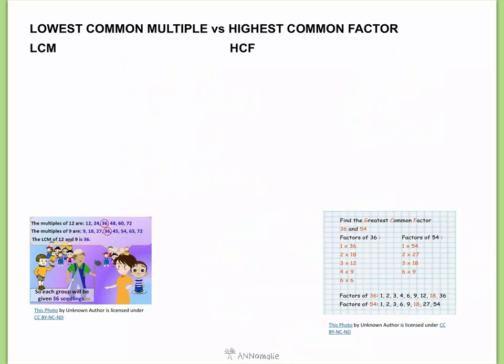Now we are going to investigate the two terms lowest common multiple versus highest common factor. We're going to start off with our very same two numbers, 60 and 150. We're looking at the lowest common multiple. First let's write down the multiples of 60: 60, 120, 180, 240, 300, 360.